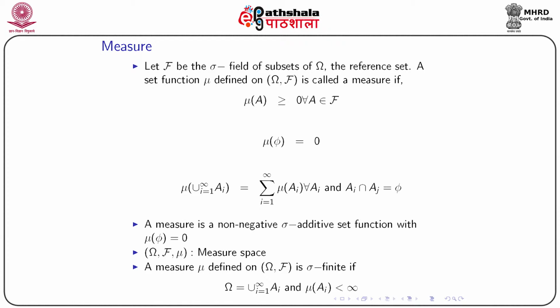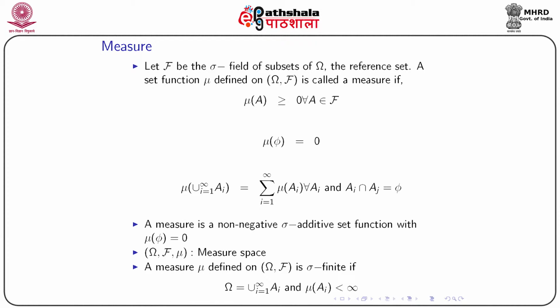That means mu of the union over i from 1 to infinity of A_i will be the sum over i from 1 to infinity of mu(A_i), for all A_i belonging to the sigma field, and A_i intersection A_j is phi whenever i is not equal to j. So, a measure is a non-negative sigma additive set function with mu(phi) equal to 0.